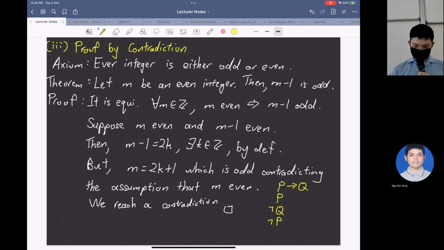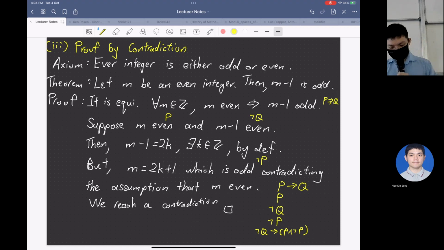So we got a P implies Q here, and then we assume P. We assume not Q, and then we get not P again. Right? Okay. So altogether we have P and not P. Who can remember what's P and not P?